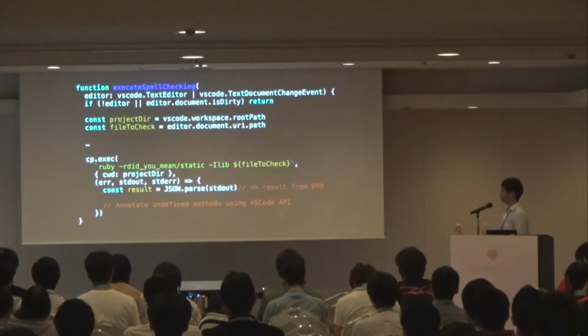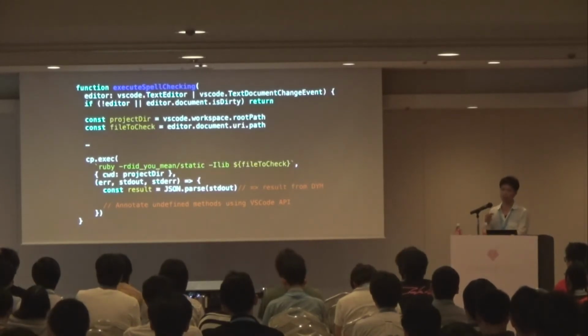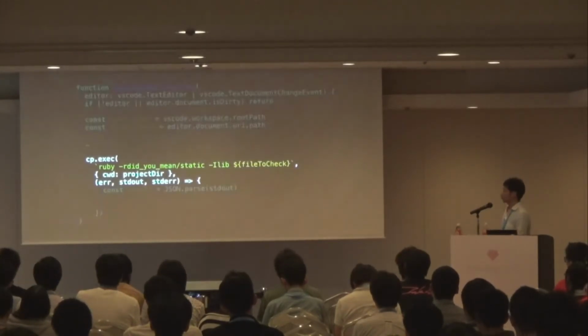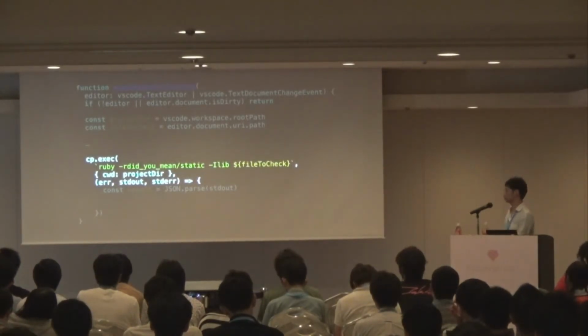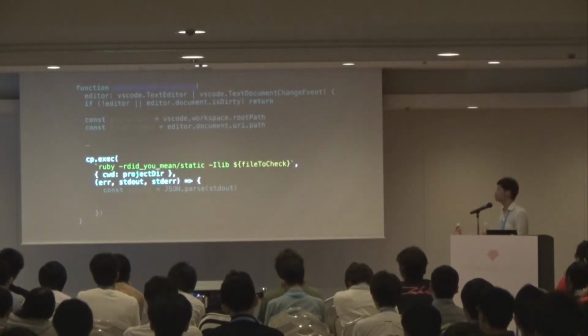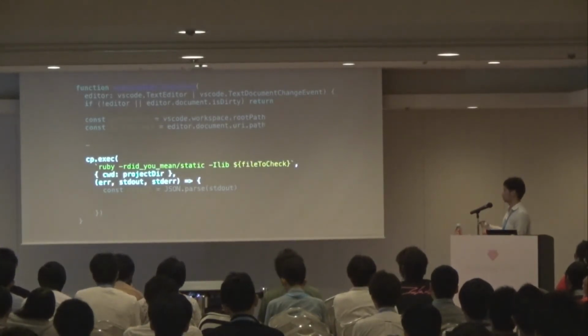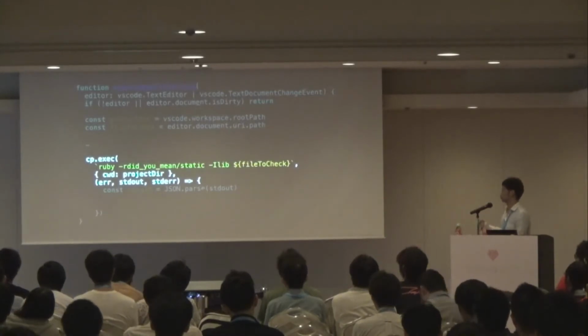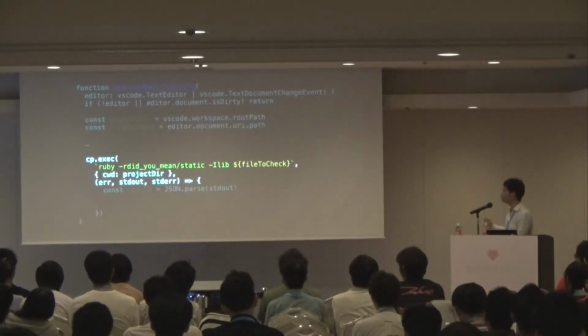So here what it does is it makes sure that the document is saved, so Ruby can also use the same file. And then what's really important is here, it just runs a Ruby command with digime static, which we just tried. And then it just passes the file path to check.